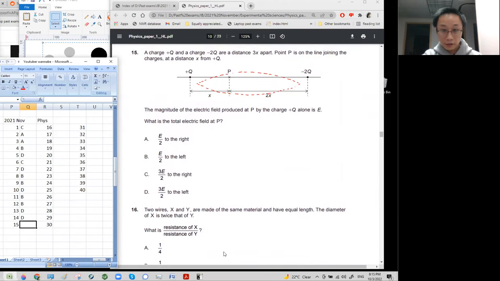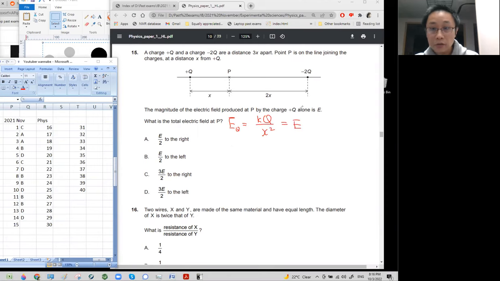Question 15 is electrostatics. Let me clear the screen first. The magnitude of the electric field at P due to the first charge alone is E. Oh, interesting, so there will be some vectors involved. What's the total electric field at P? The field from Q is kQ over x squared, which is given to be E, and this is to the right.